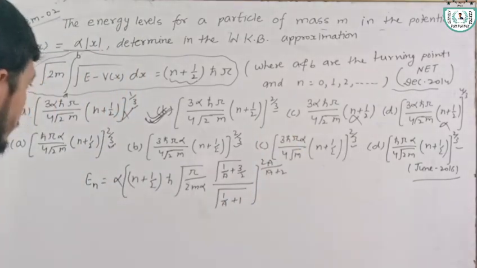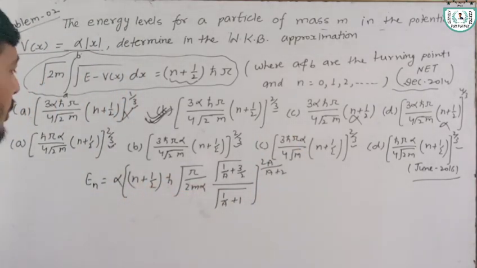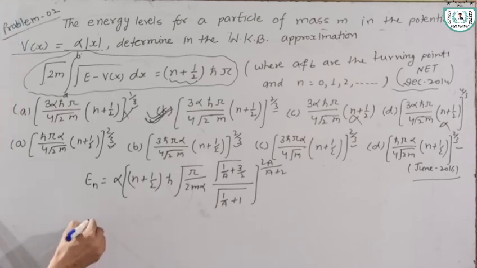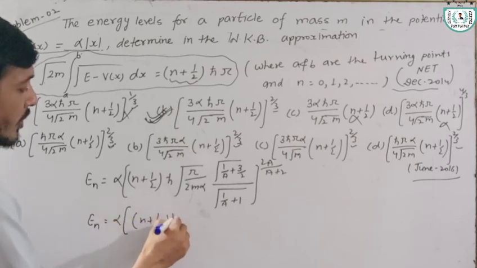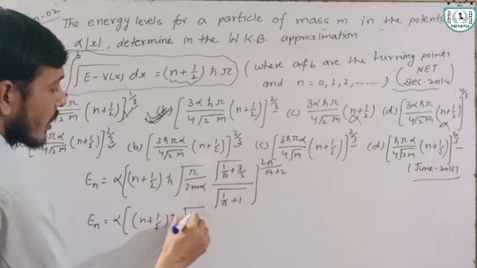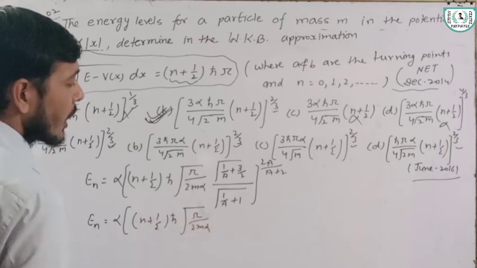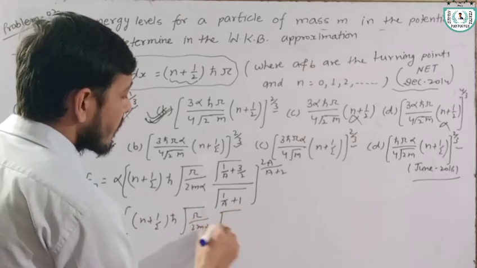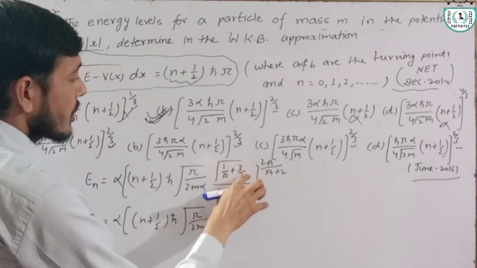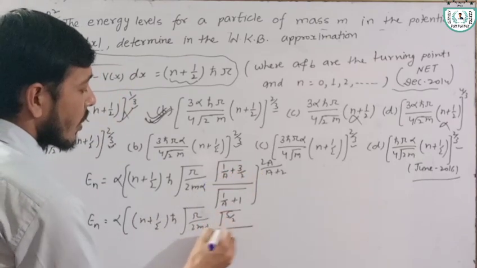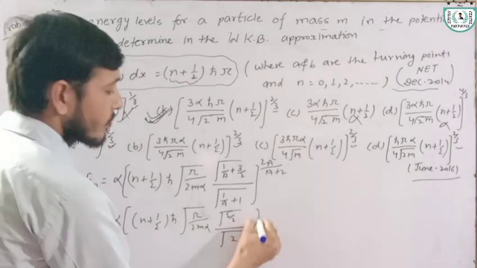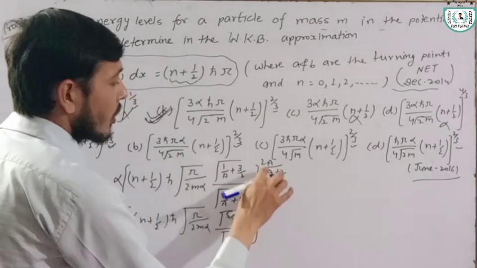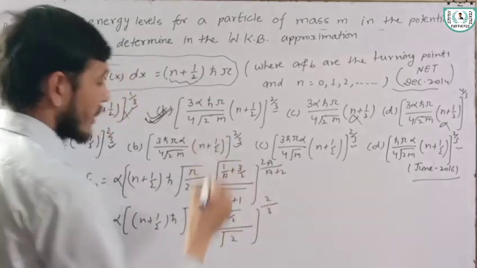Okay. Now put all these values. We have En equal to alpha (n plus half) h cut root pi upon root 2m alpha, gamma(1 over 1 plus 3 by 2), that is gamma 5 by 2, upon gamma(1 plus 2), that is gamma 3.